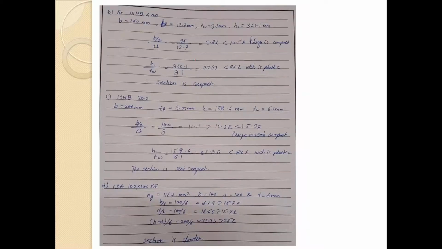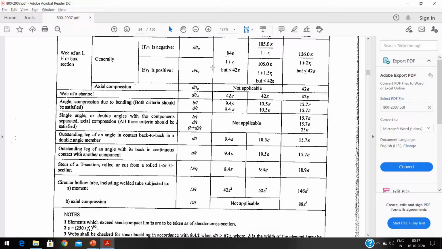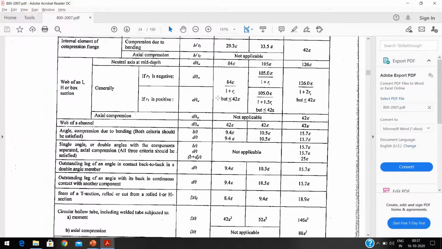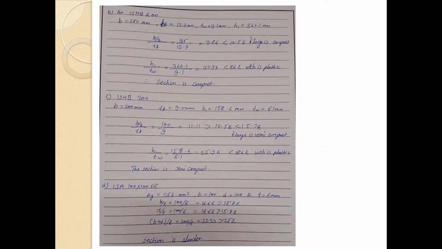So this flange is compact, and this H1 by TW ratio, that is 37.37, is lesser than 84 epsilon. So the web is plastic. So the section is compact.